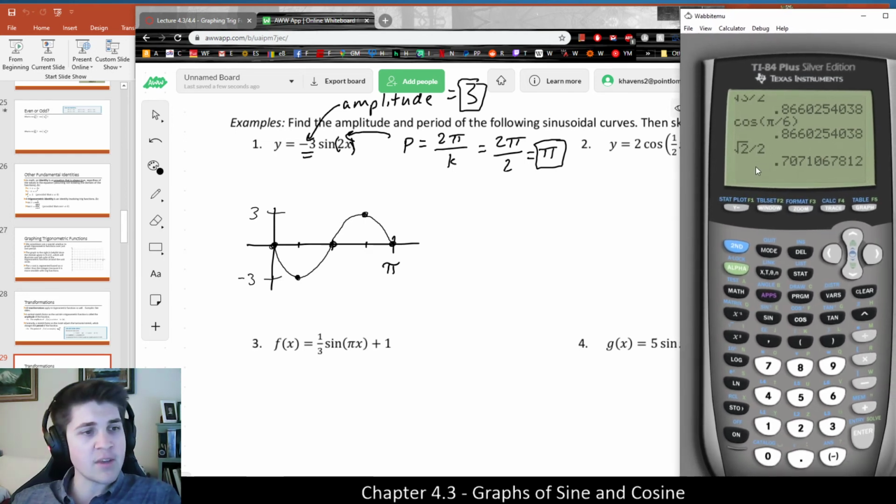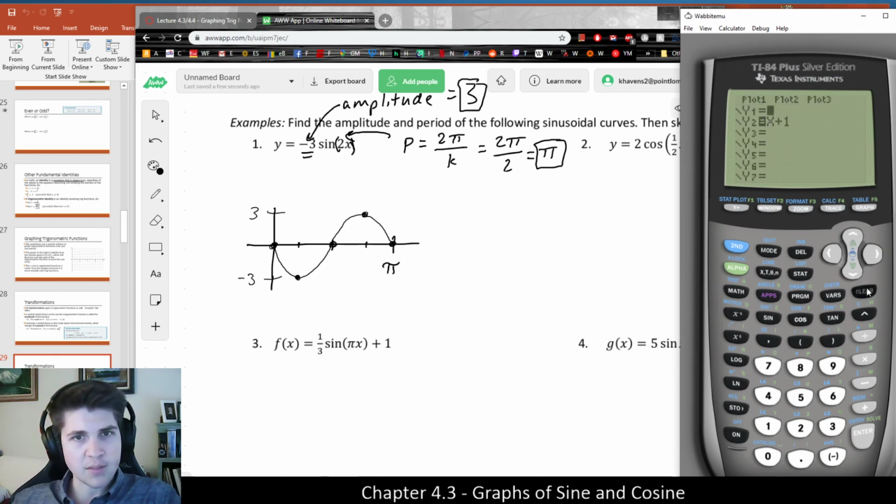And in the same way that we graphed before, we can go into our y equals menu to graph the function. Let me clear off everything else I had in there. So I can just type it in, negative 3 sine. Your calculator will always put the parentheses, which is important, and you don't necessarily need to close it off when it's at the end, but be careful to close it when it is important.